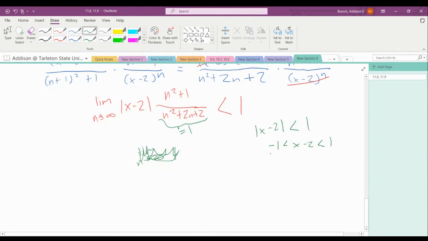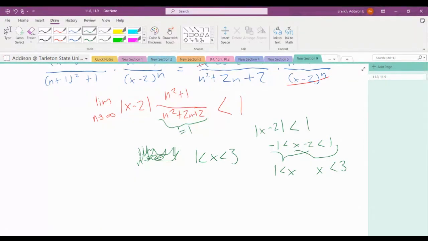If we solve for x on both sides, we get negative 1 plus 2, so 1 is less than x, and x minus 2 is less than 1 gives x is less than 3. So 1 is less than or equal to x, which is less than or equal to 3.